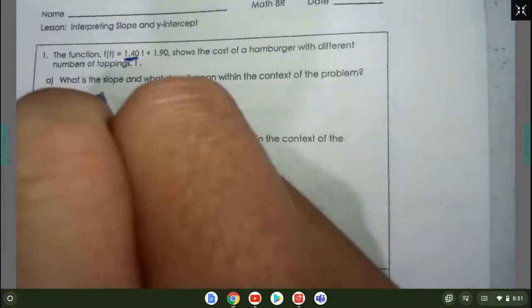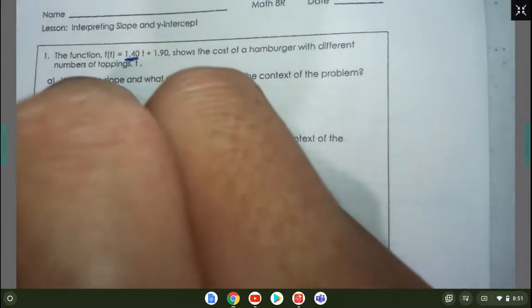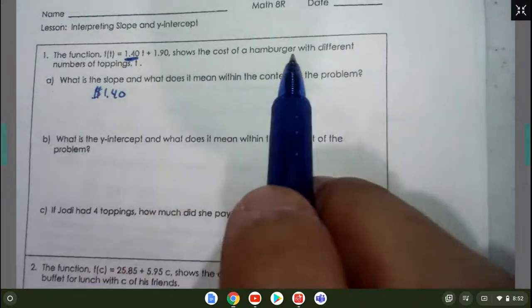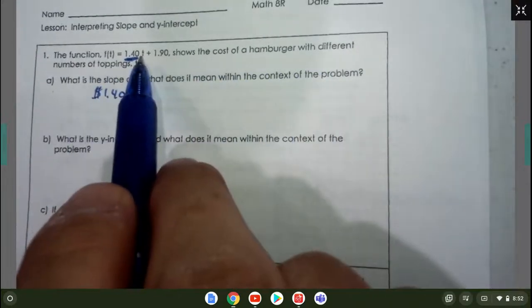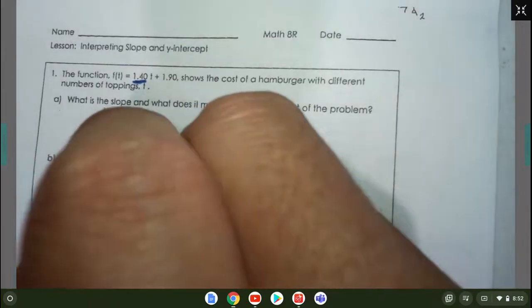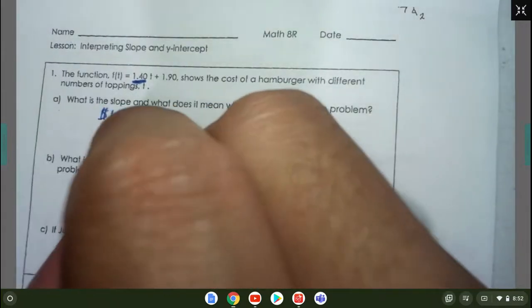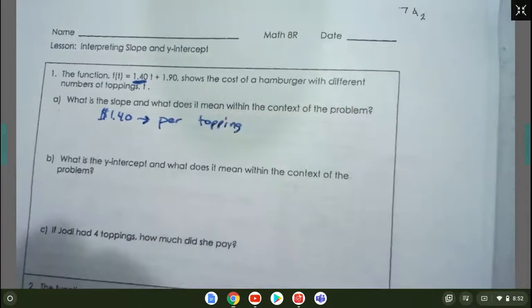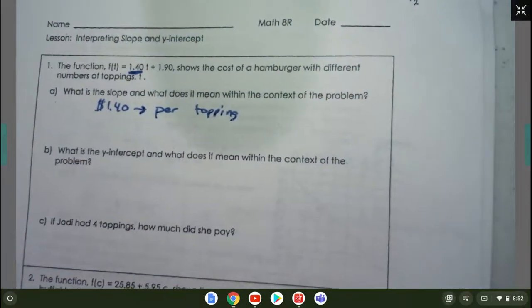It's $1.40 is the slope. What does it mean in the context of the problem? It shows the cost of a hamburger with different number of toppings t. So that's the cost per topping, right? So it's $1.40. That's the slope, and that's per topping. All right, so each additional topping you want to get on your hamburger, it's going to cost you $1.40.